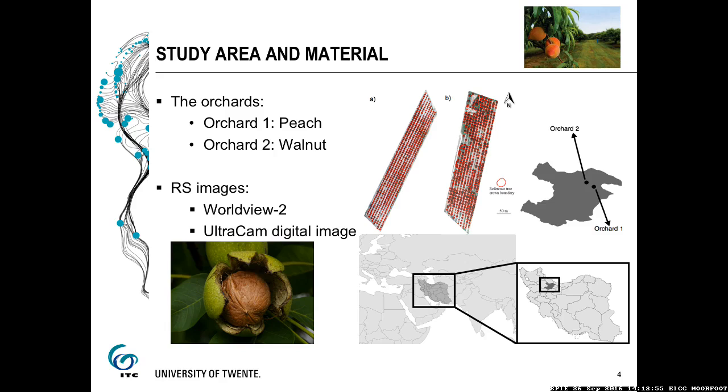We use two kinds of remote sensing images: WorldView 2, to which we applied our method, and the UltraCam digital aerial images, where you can see the red polygons are the derived reference tree crown boundaries.